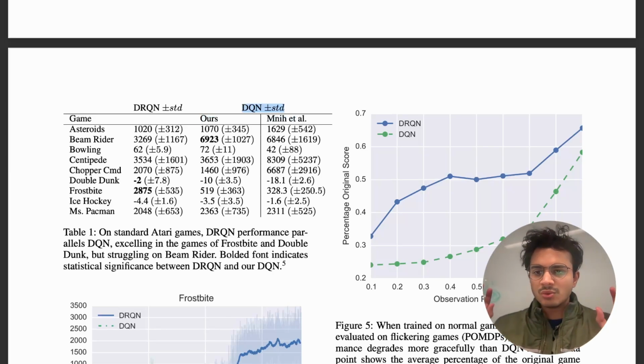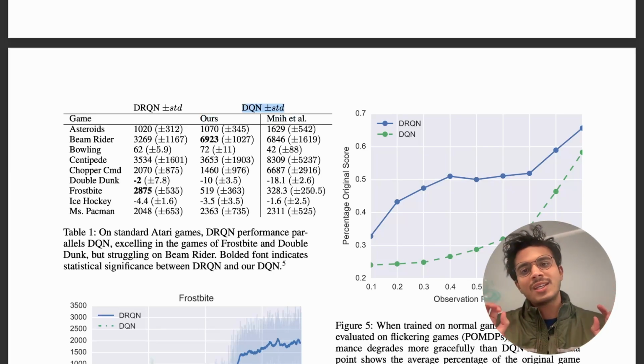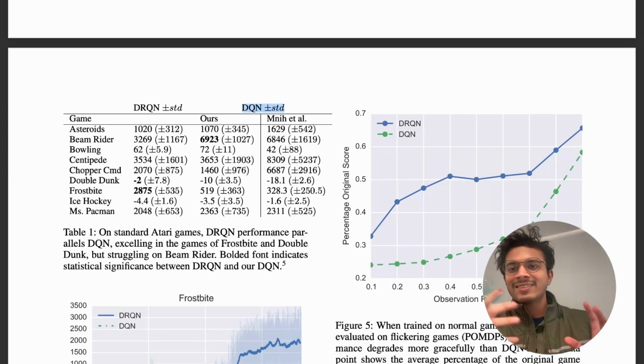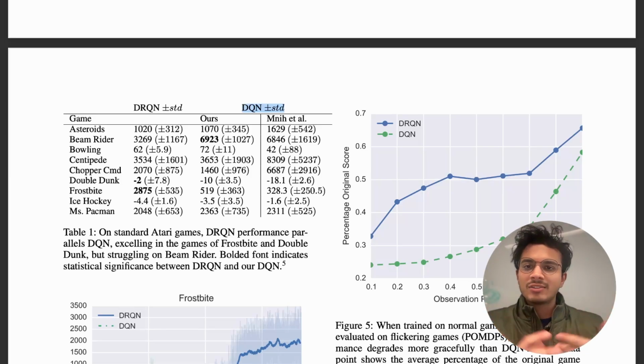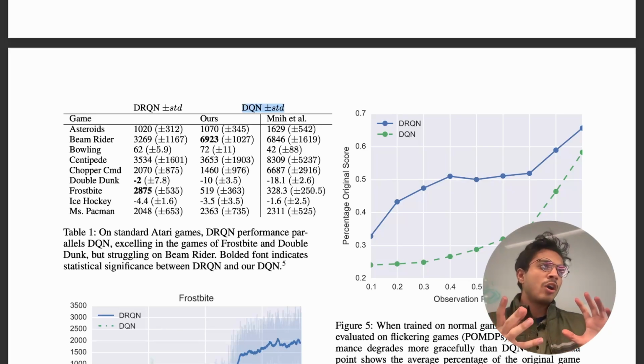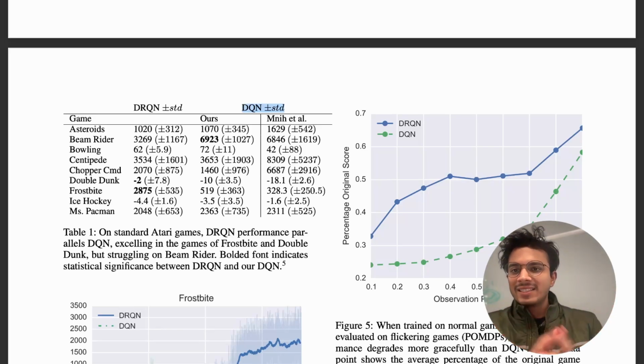I'm trying to defend DRQN in a way that it has achieved something probably as good as, not outperformed, DQN. It has almost matched the level of expertise that is learned using DQN, if not surpassed it.